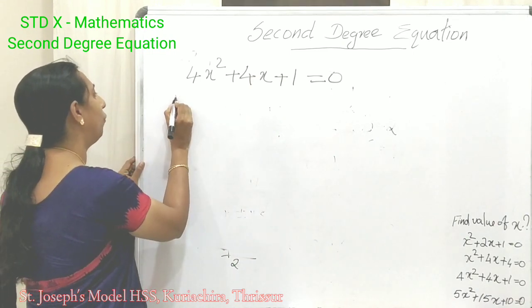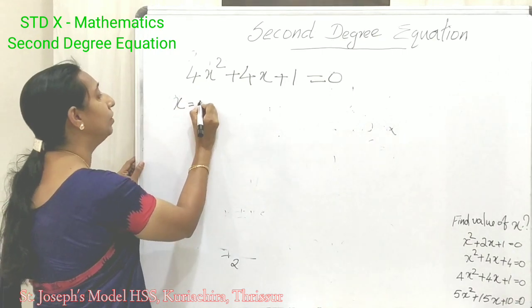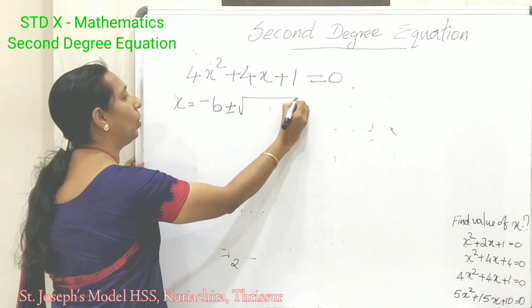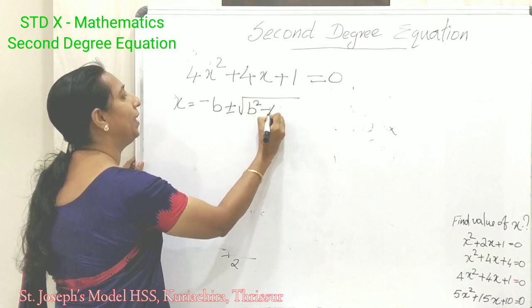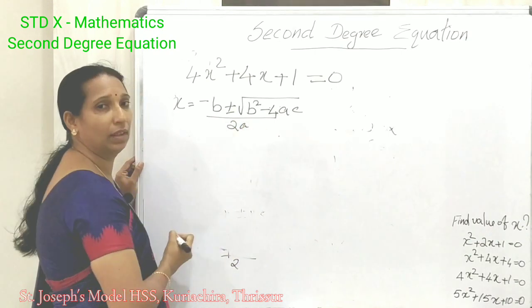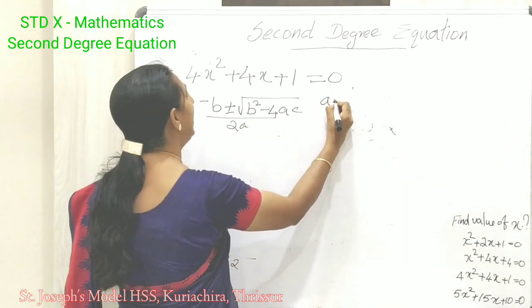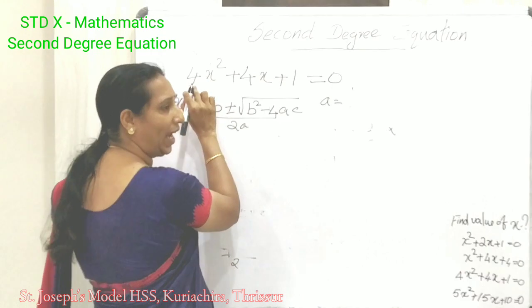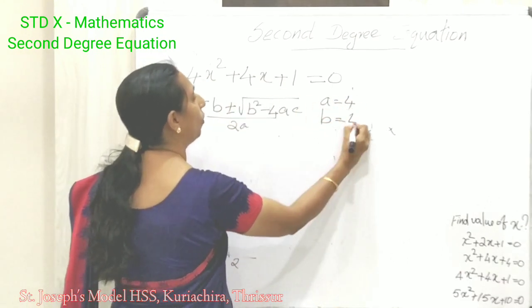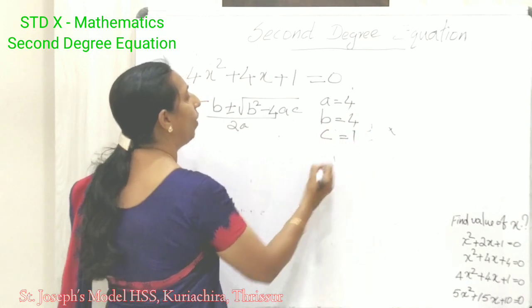Similarly, we write the formula x is equal to minus b plus or minus root of b square minus 4ac, all divided by 2a. And find out the value for a. A is equal to the coefficient of x square, that is equal to 4. And b is equal to 4 and c is equal to 1.